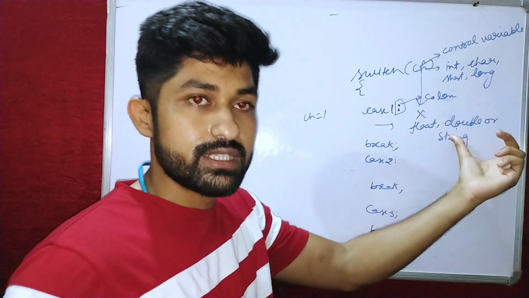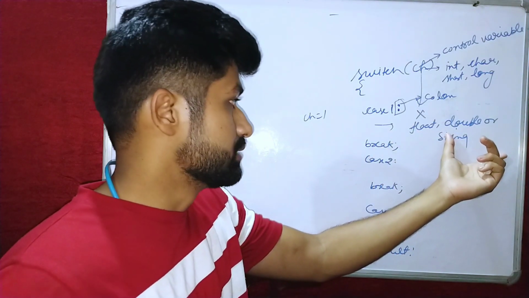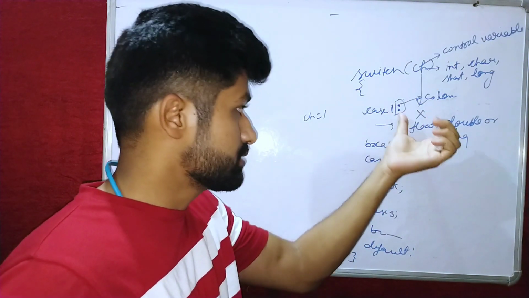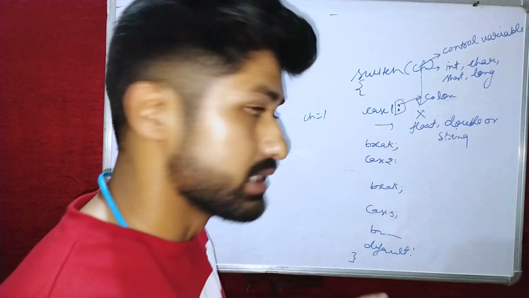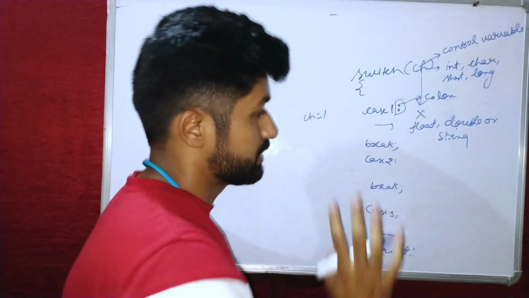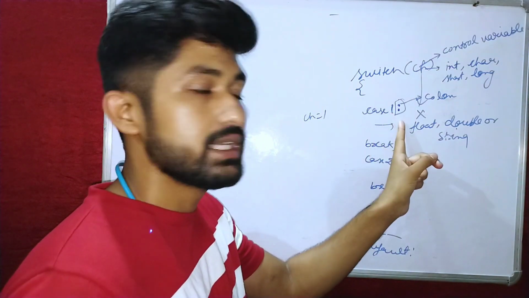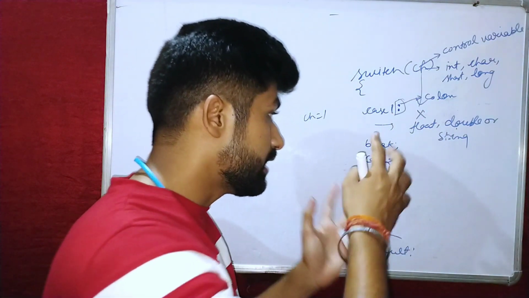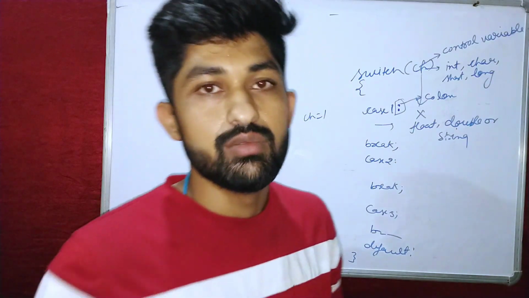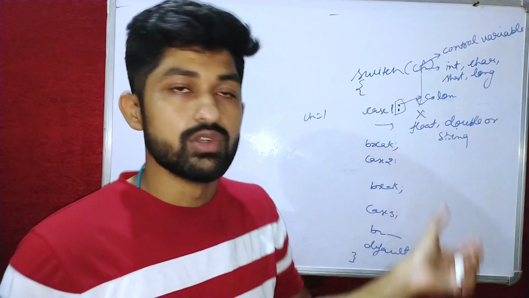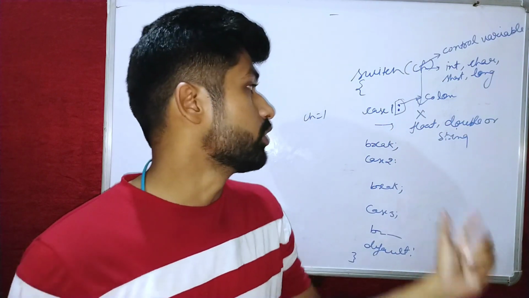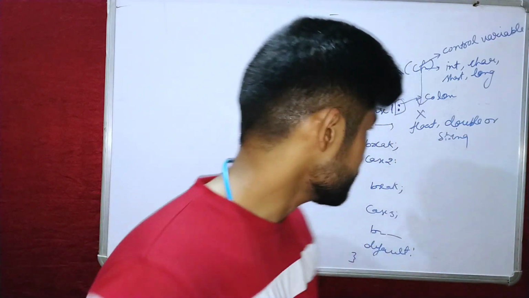It will execute all the statements present inside case 1. After executing the case 1 statements, it will break that case and come out of the switch case. That means out of the 3 cases given to you, only one case has executed at a time. When out of many cases given in the program, only one case is executing depending upon the user's choice, then we call such a flow the multi-branching flow of control, or we call it switch case also.